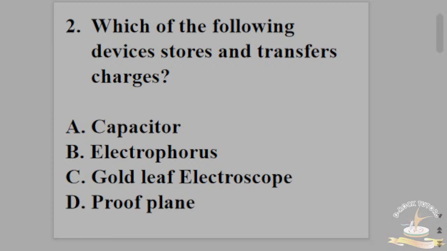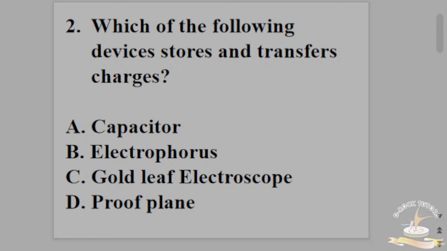But if the gold leaf electroscope is positively charged and you bring a negatively charged substance, which is opposite, near the top of the brass cap, what happens? The divergence decreases, the gold leaf gradually collapses. Now, if you bring an uncharged body near a gold leaf electroscope, the same thing that happens when you bring an opposite charge near it happens as well.